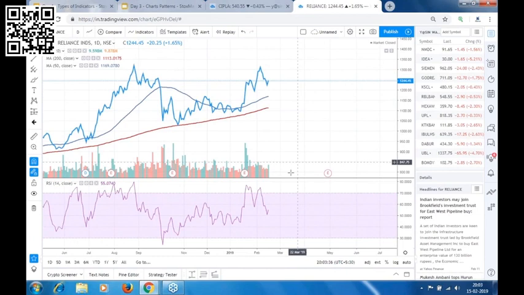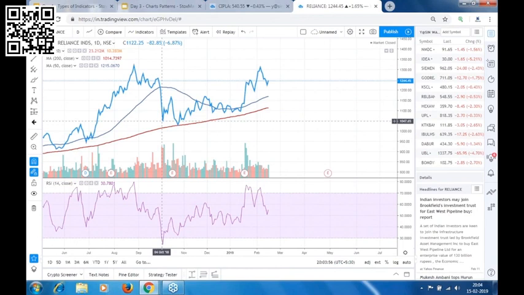Now, if you see from this point, if you see here, this is the low and this is the lower low. But if you notice the RSI, at this point, and you compare it with this low, then RSI is making a higher low.